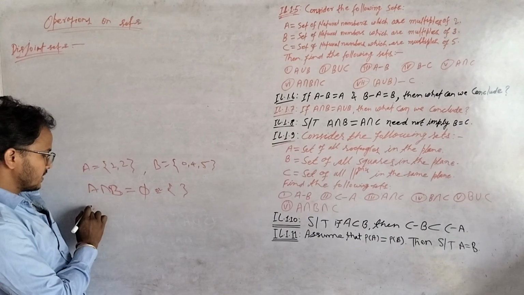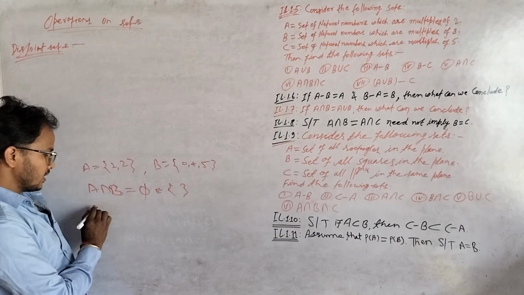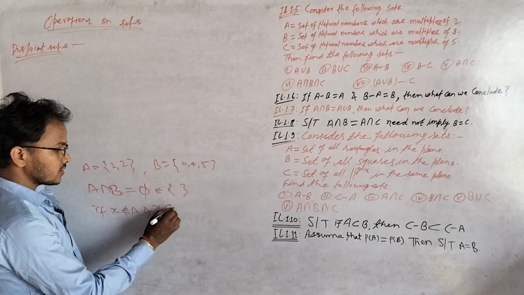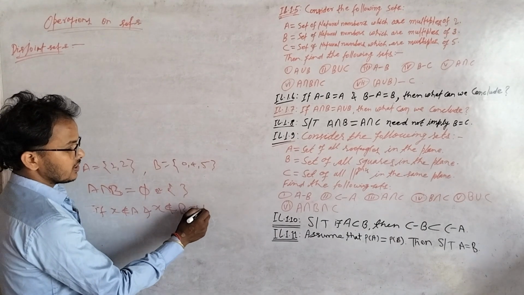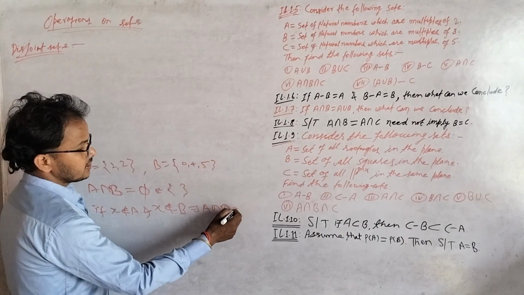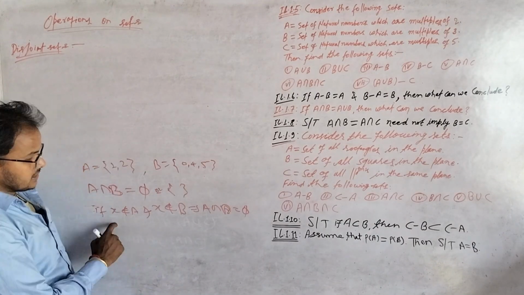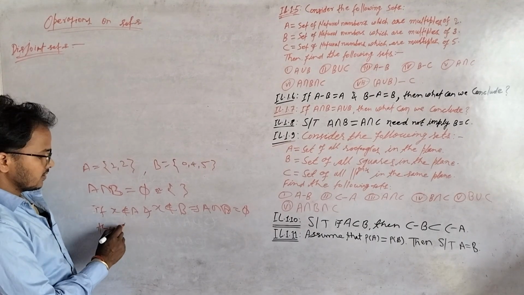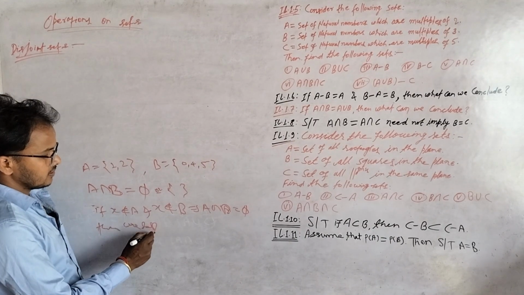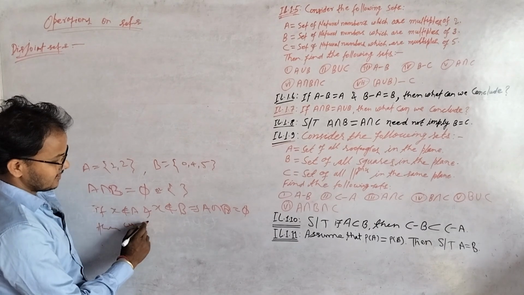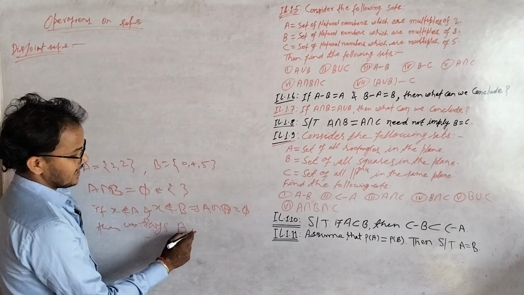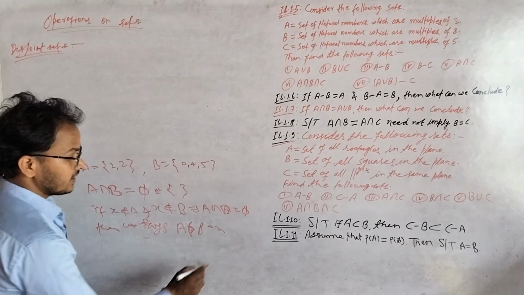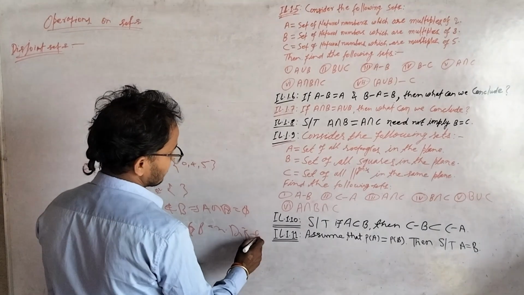If we say disjoint sets, if x does not belong to A as well as x does not belong to B, this implies we write symbolically A intersection B is equal to phi. Then we say A and B are disjoint sets.